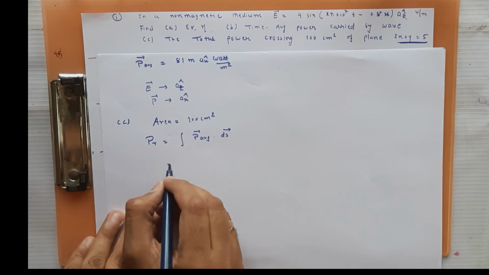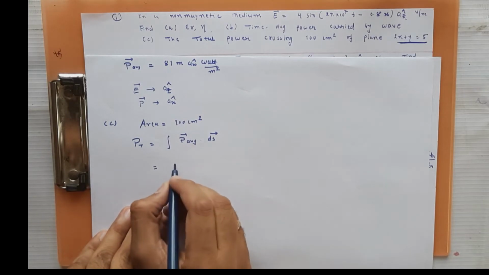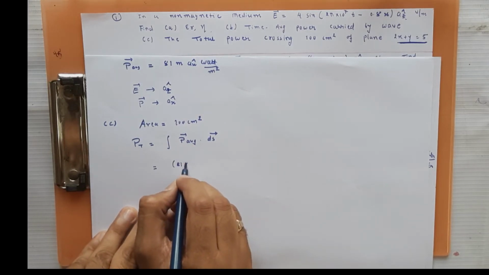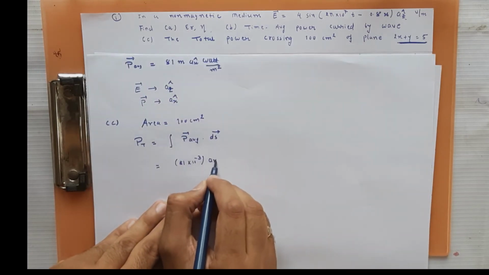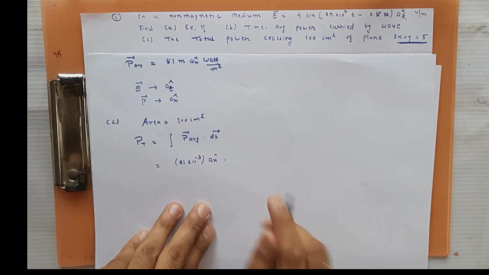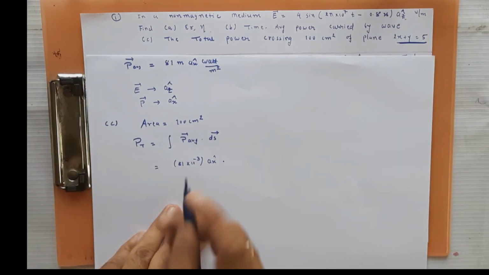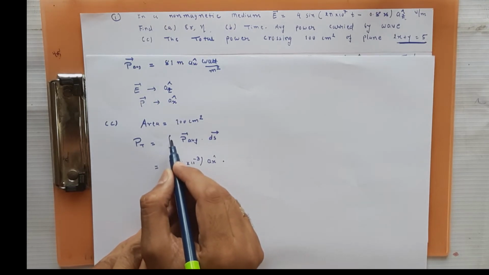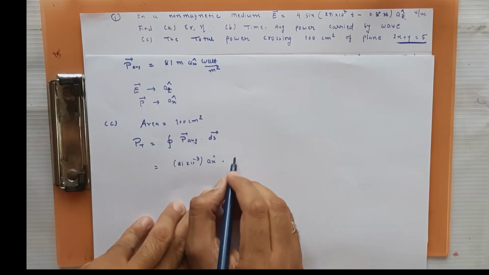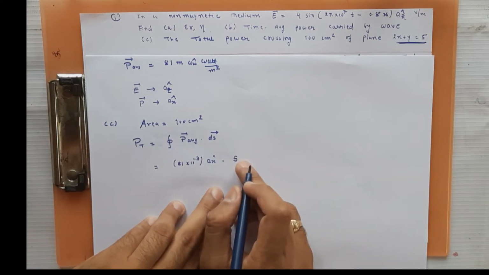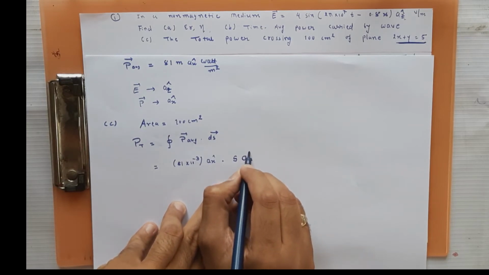So the integration of P average, which is 81 milli, meaning into 10 raised to minus 3, in the ax direction, dot ds. It is a closed surface integration of ds. It is nothing but the total area s into its direction an.